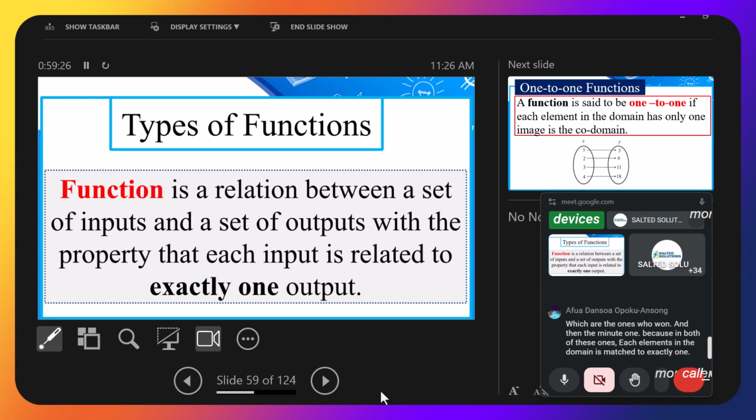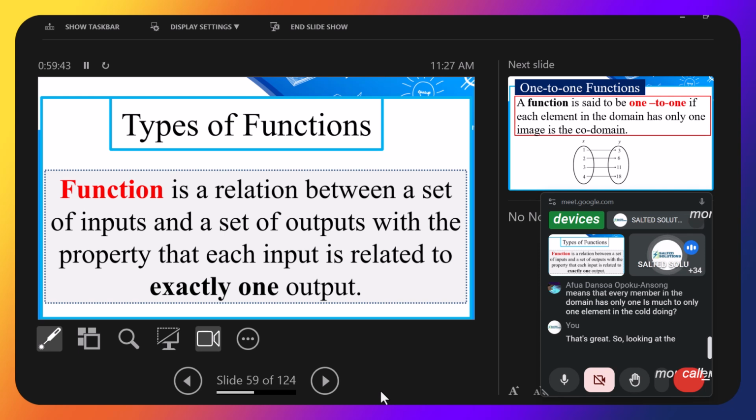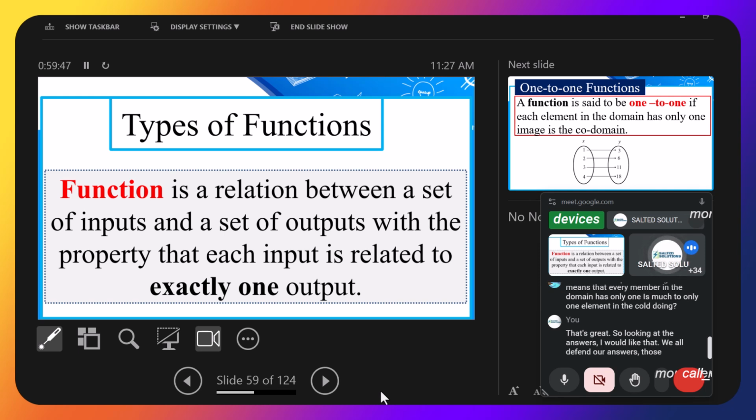So it means that every member in the domain is matched to only one element in the codomain. That's great. So looking at your answers, I would like that we all defend our answers. Those who said many to many, I would have loved you to give us some more explanations. But then, for the sake of time, let's move on.